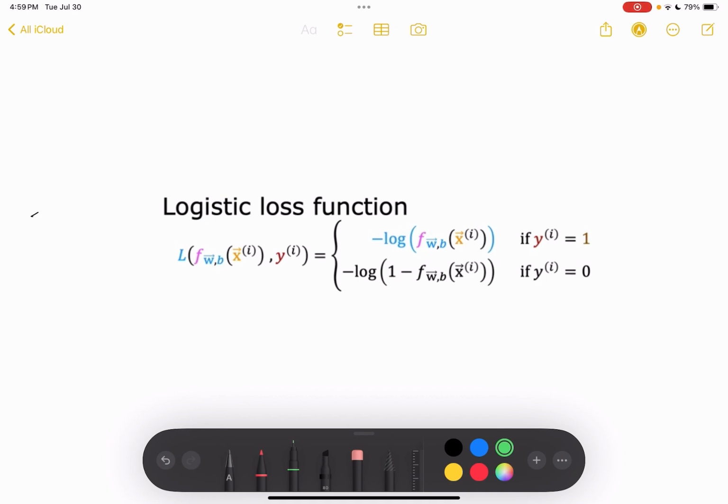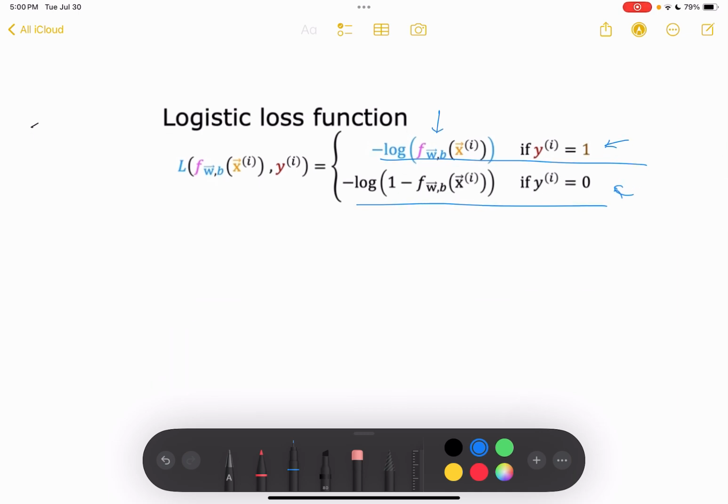We talked about how in binary classification, there can be two possible values for y, 1 or 0. 1 means that whatever you're looking for is present, and 0 means whatever you're looking for is absent. So f is the output of logistic regression, and it's always between 0 and 1. So we're either going to use this function over here, on this line, or this function over here on this line, because y is either going to be 1 or 0.